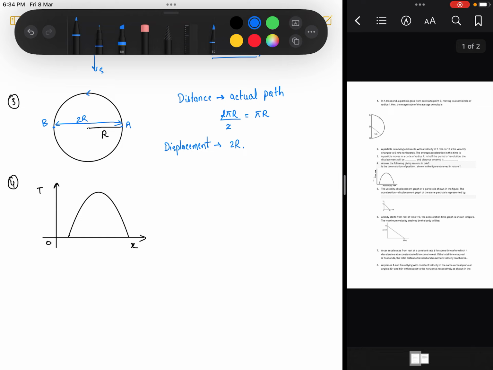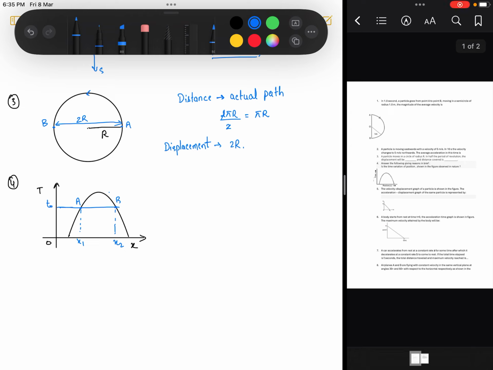From the given graph we can easily see that at a given time, like at this time, if we draw a line parallel to the x-axis, at a given time t naught, there are two positions, one is A and one is B. So this will be, let us suppose, x1, this is x2. It can never be possible that at a single given instant of time the particle is at two different positions.